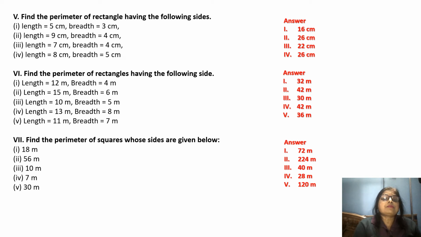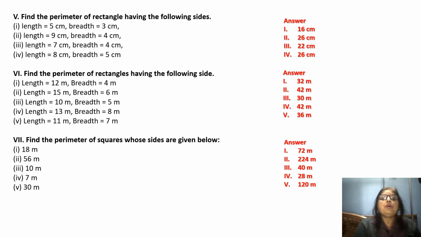Next question. Find the perimeter of a rectangle having the following sides. Here, the length and breadth of the rectangle are given. So first you draw the picture of the rectangle, then write the measurement of length and the measurement of breadth, and according to the formula you solve the questions.